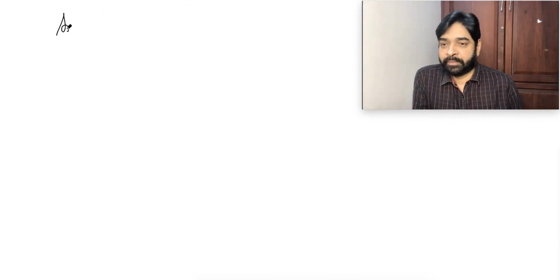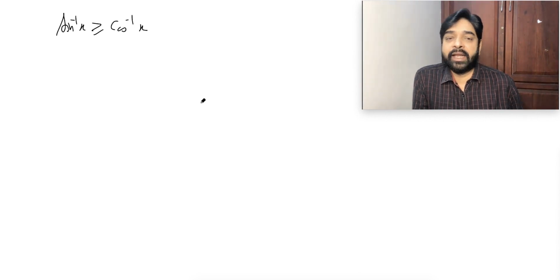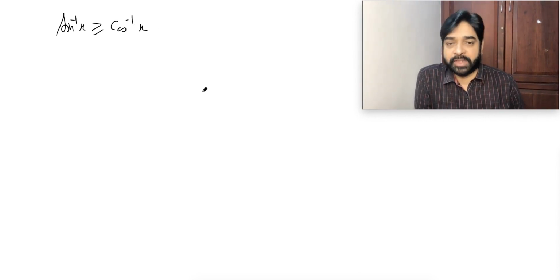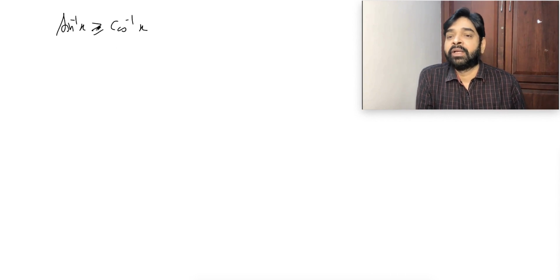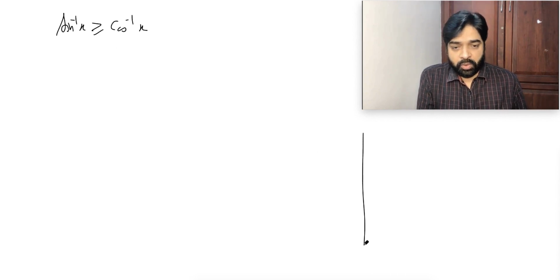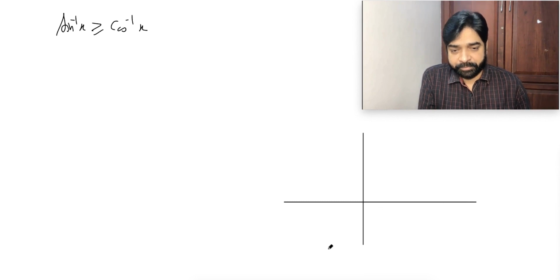Sin inverse x greater than or equal to cos inverse x. Any inverse function cannot be periodic, always remember. It's never periodic. So we have to select all the regions. Sin inverse x graph, if you remember, it's something like this.